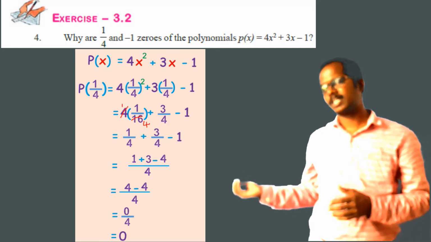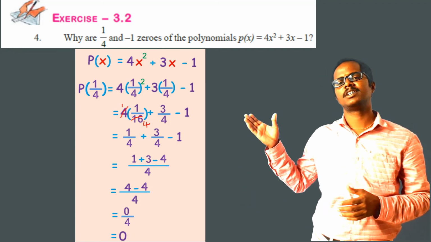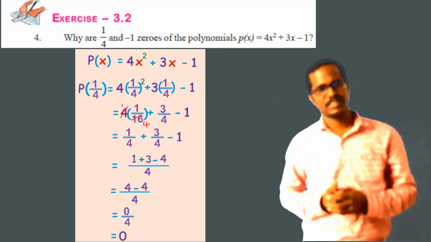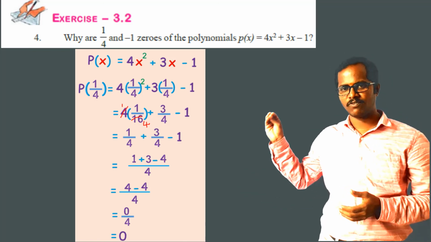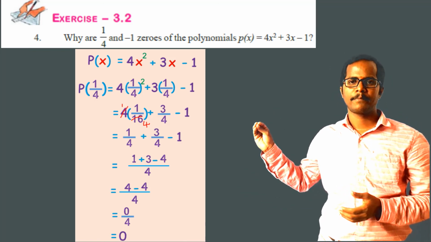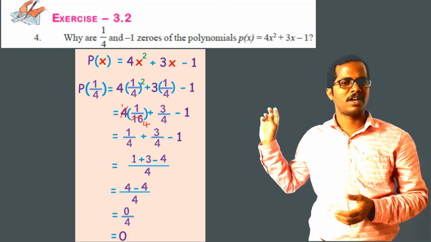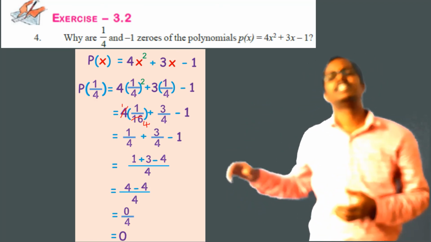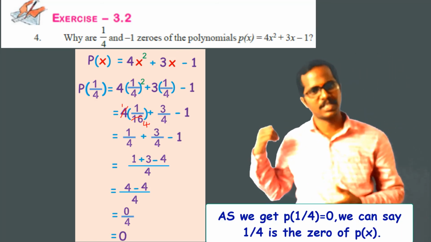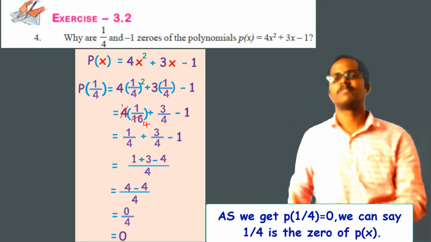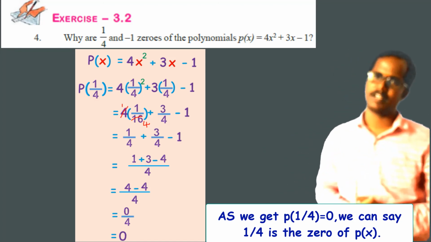So what is the polynomial value that we get when substituting 1 by 4 in the place of x? 0. That means the value 1 by 4 is making the total given polynomial value 0 when it is substituted in the place of x. So hence can we say 1 by 4 is the zero of the given polynomial? Yes. So 1 by 4 is the zero of the given polynomial.